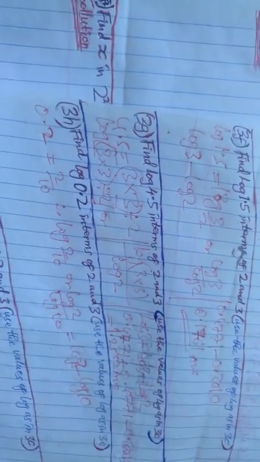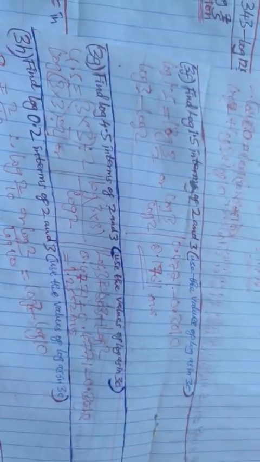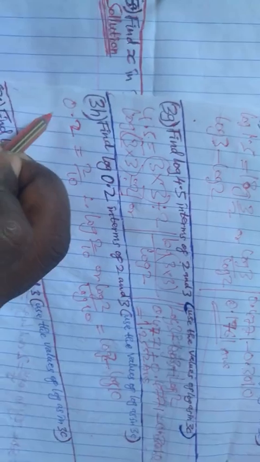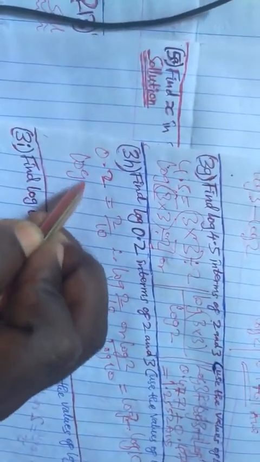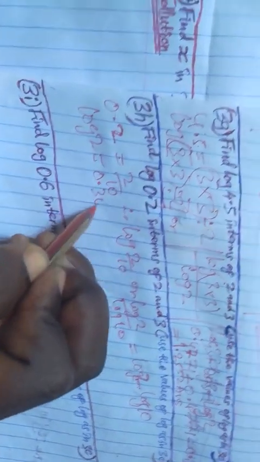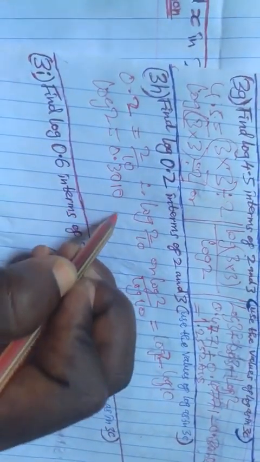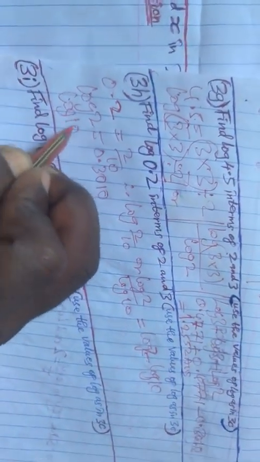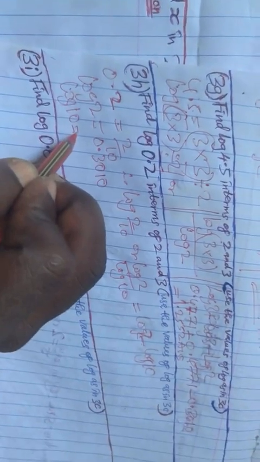By substituting the logs with the decimal values given in respect to 2 and 3, and by dropping the logs, we are going to get that log of 2 is the same as 0.3010, while log of 10 is given as 1.